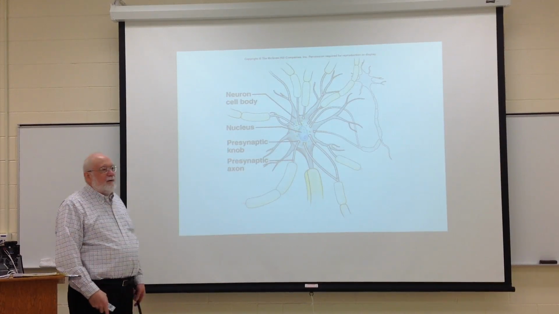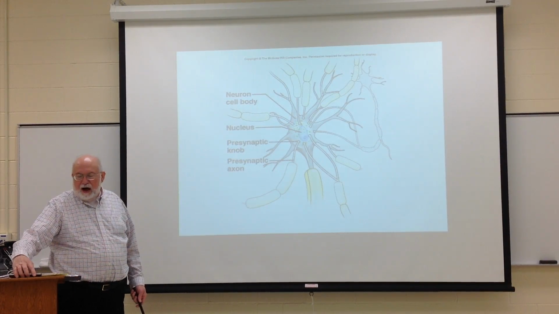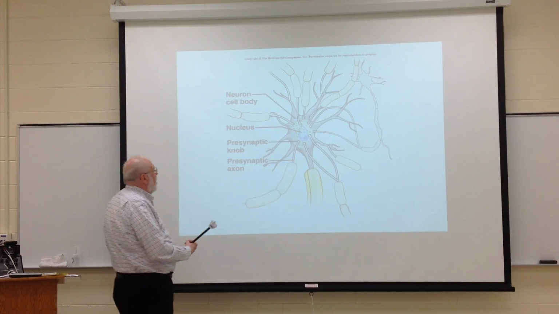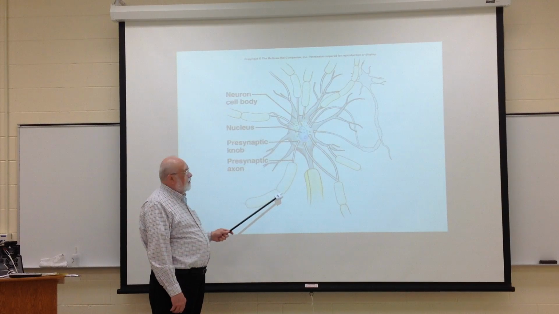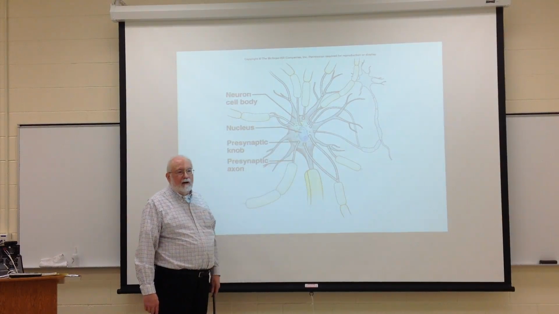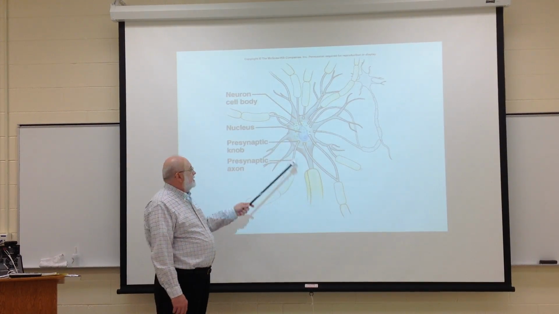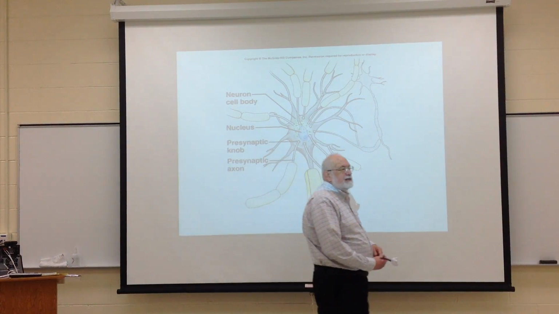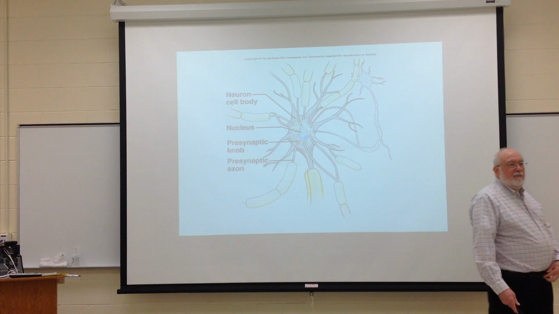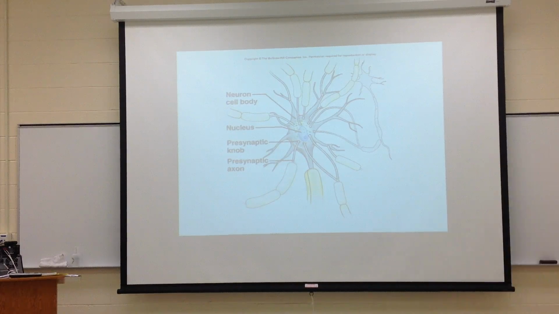All right, now here we have a neuron. This is kind of like the model we had. Look at all those axons coming in here on one poor little neuron. Some of these things, probably bringing in excitatory impulses because they're going to release acetylcholine. Some of them may be inhibitory.